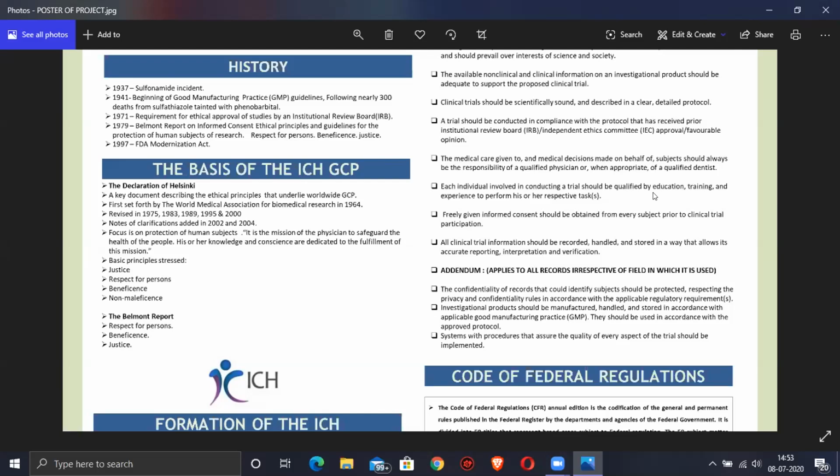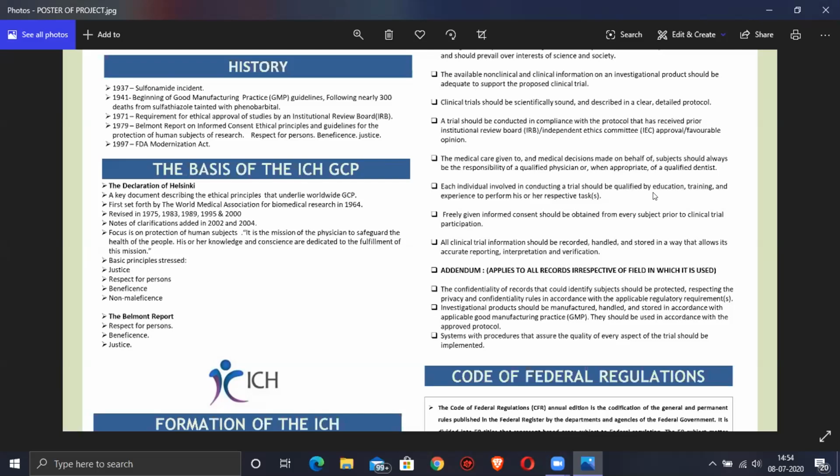The third point is that the data collected is not forged or changed, and is accurate to the point where it can be replicated to a certain extent, even in the future. So these three points speak about confidentiality, good manufacturing practices, and the quality systems in place for clinical research.